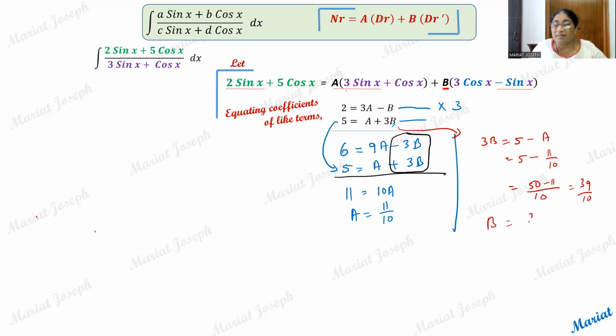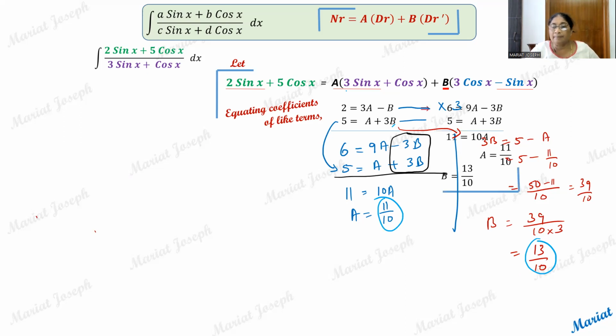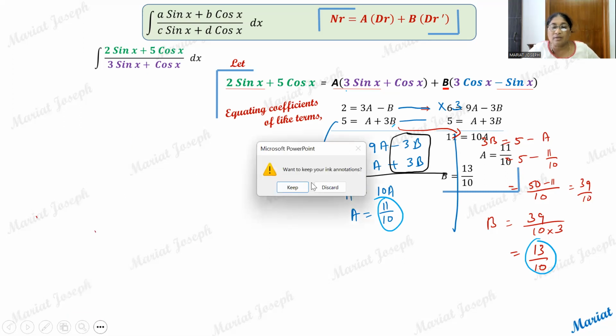Therefore 3b is 39 by 10, and dividing by 3 also, what is it now? 13 by 10. We got the values of a and b. This is b and a is this one. Is it okay? 11 by 10 and 13 by 10. Yes, solving is done.